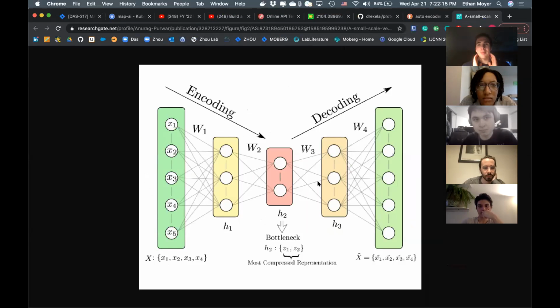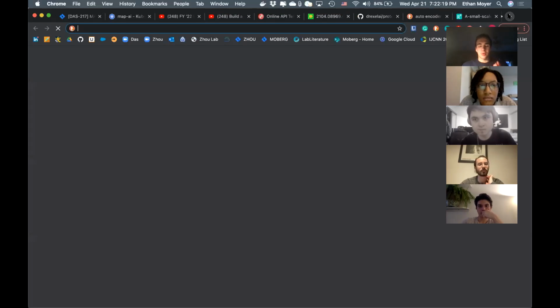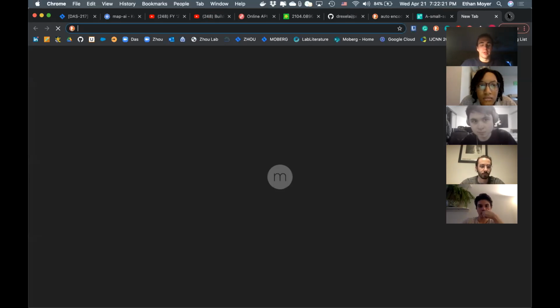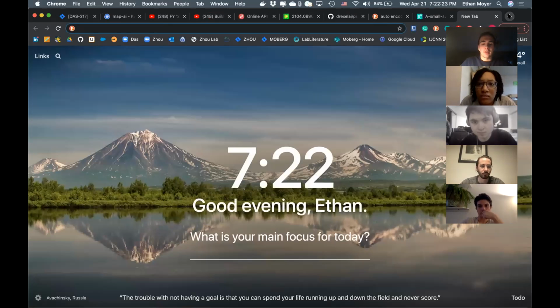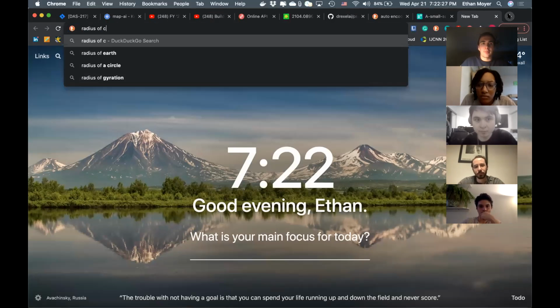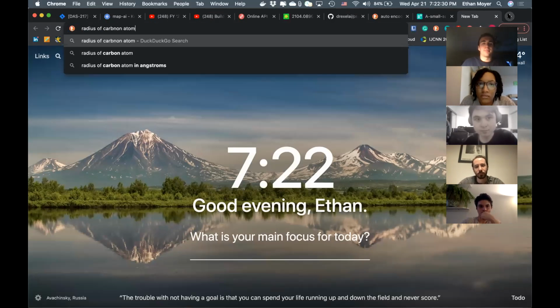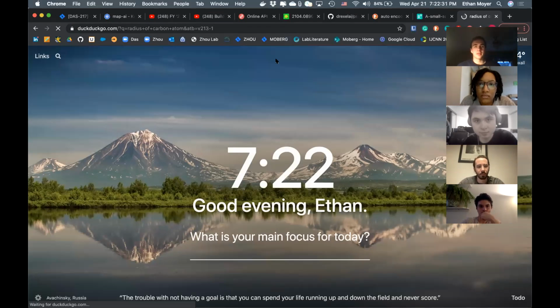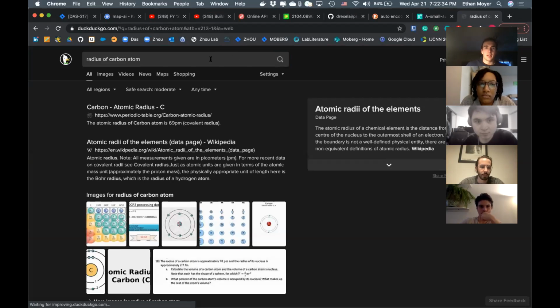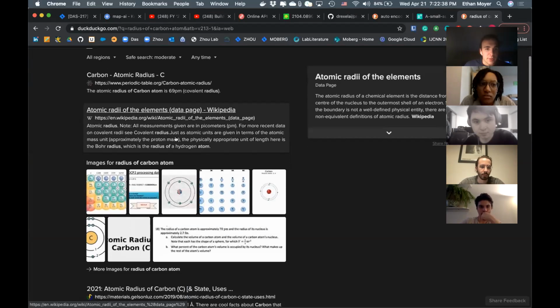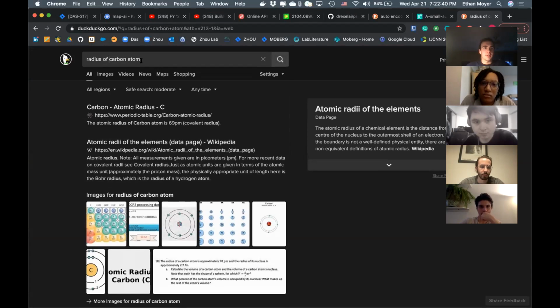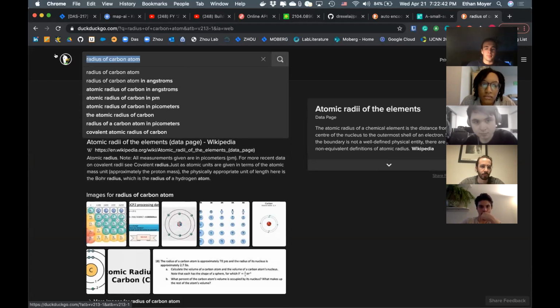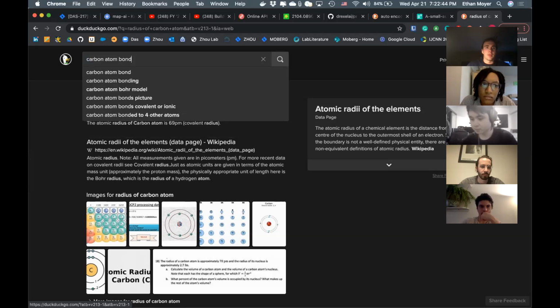I made each block an angstrom cube, but if you look at the radius of a carbon atom, you have to look at the bond radius, the bond length.